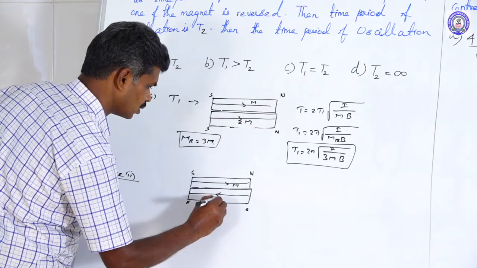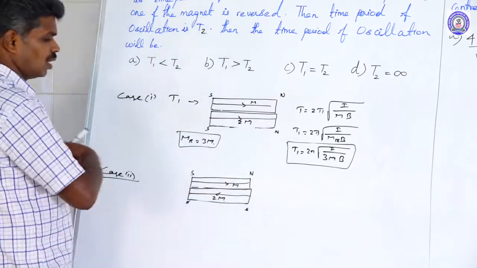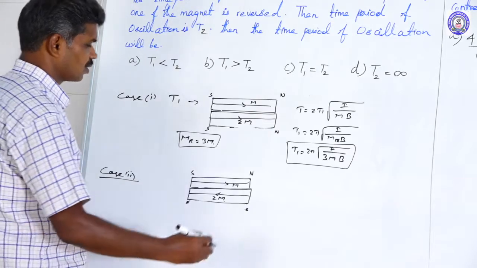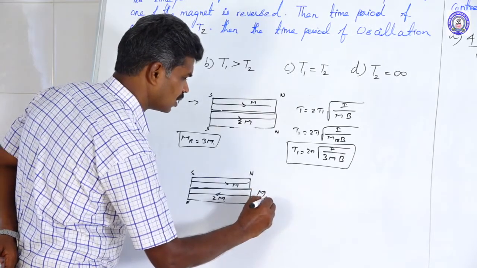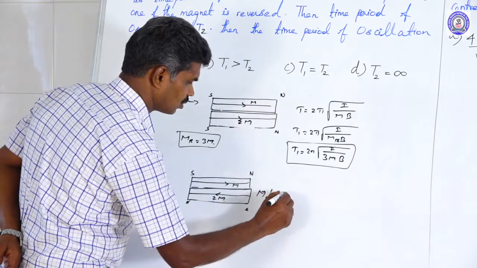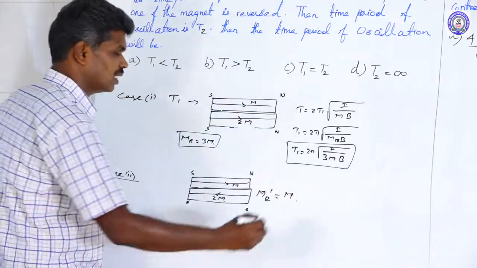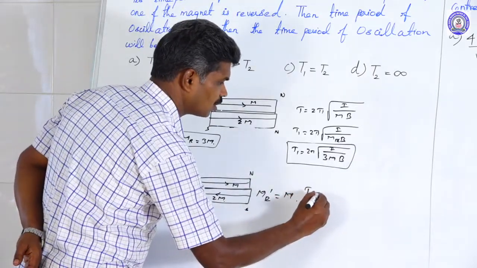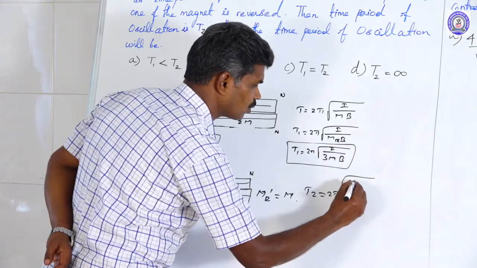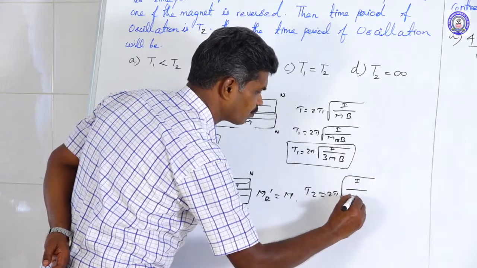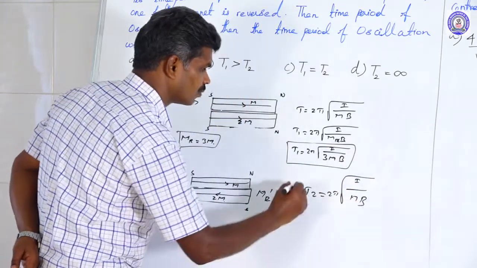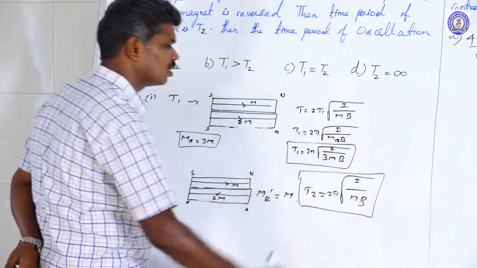Then the magnetic moment of the second magnet, 2M, is acting in the upward direction. Their resultant magnetic moment is equal to M. Then its time period T2 is equal to 2 pi root of I by MB. Now compare T1 and T2.